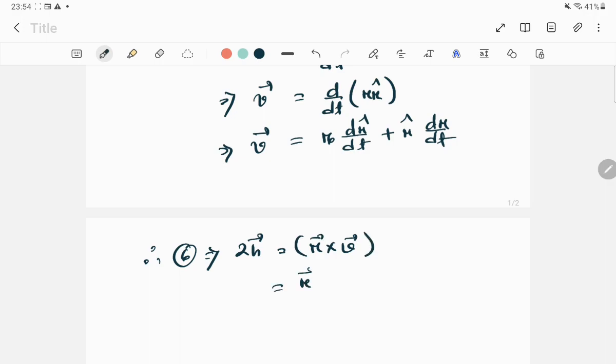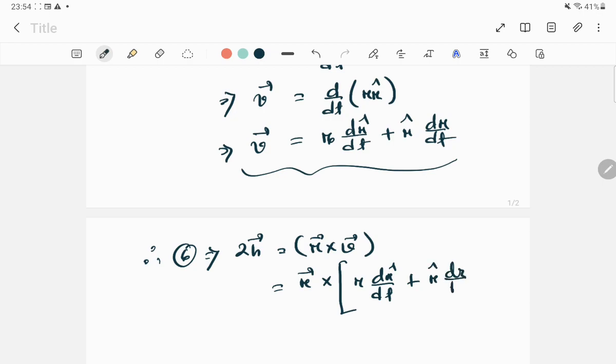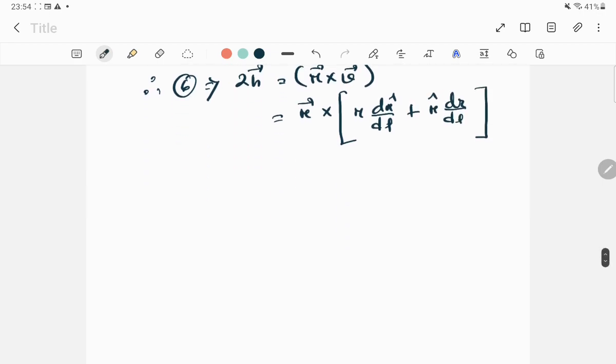Now we have v, so we put this in: r dr cap dt plus r cap dr dt. So this is our 2h vector. Slowly, in place of r vector I will write r r cap cross r dr cap dt.